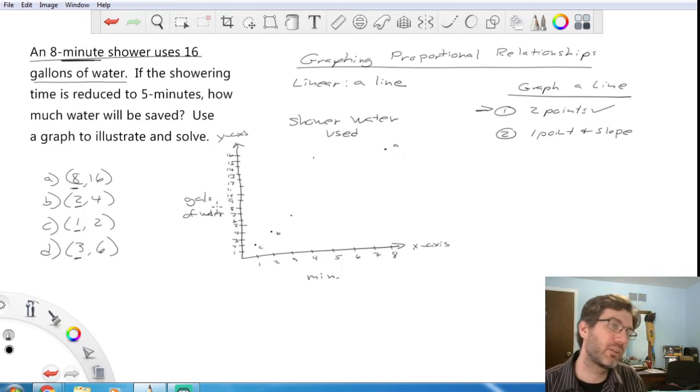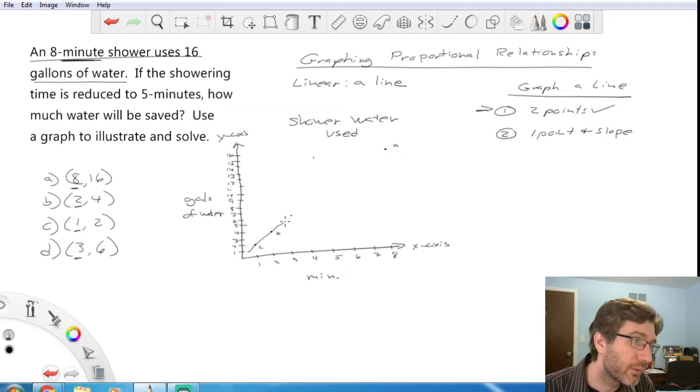And then you're going to actually connect your dots. And again, try your best with a ruler. I just don't have one.